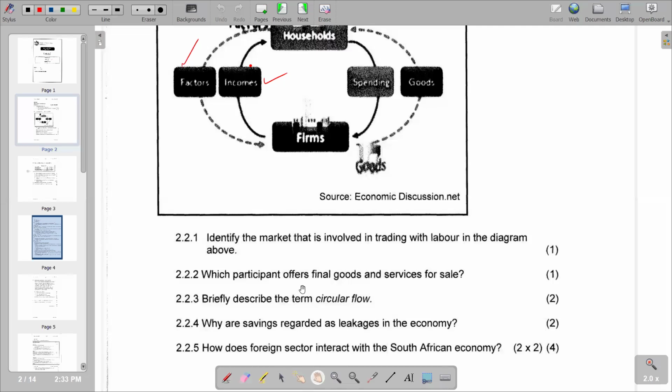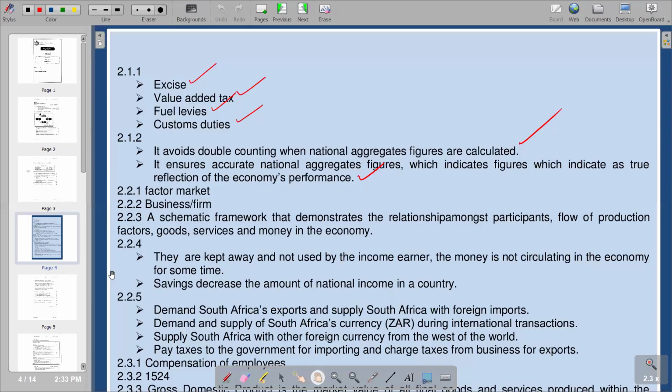Leakages describe a reduction. So in 2.2.4 on the other section, the reasons are stated. The first point is they are kept away and not used by the income earner. The money is not circulating in the economy for some time. So, of course, that's why we regard it as a leakage. And then the second point: savings decrease the amount of national income in a country. So that's another point that we can also include.